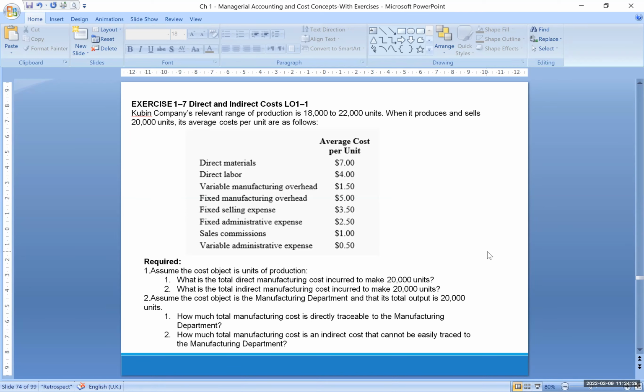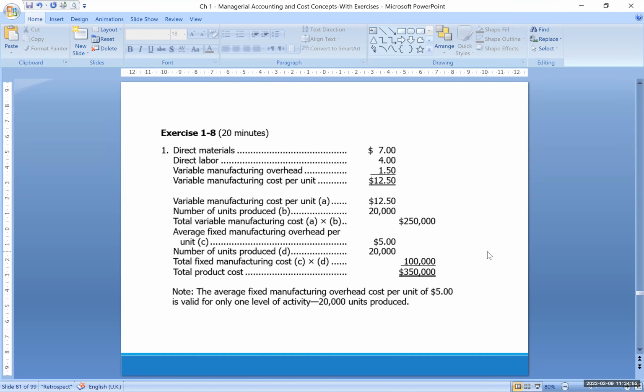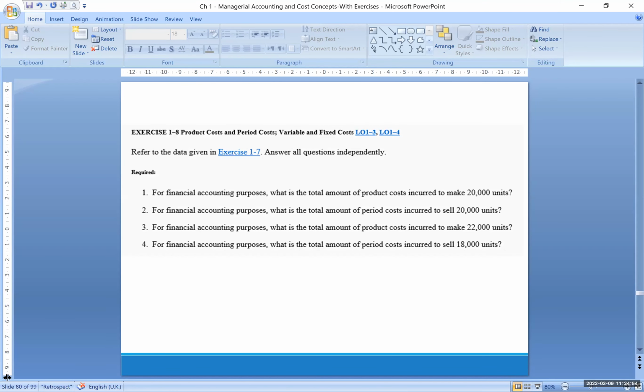Okay, so the total fixed manufacturing overhead is treated for the 20,000 units produced. So it is 100,000, which means 5 multiplied by 20,000 units, according to the question. Now, what will be the answer for 1.8, number 1?